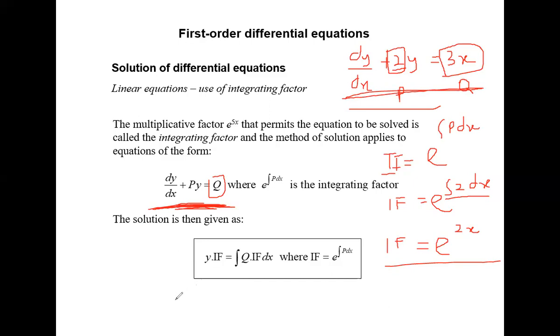When we do that, this is how it will look: e^2x times dy/dx plus 2y equal to 3x times e raised to the power 2x. Okay, good. That is how it will look.